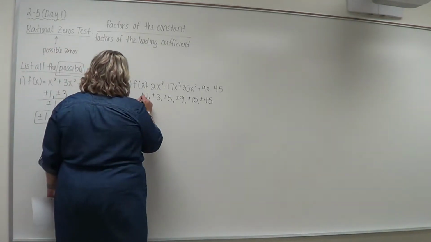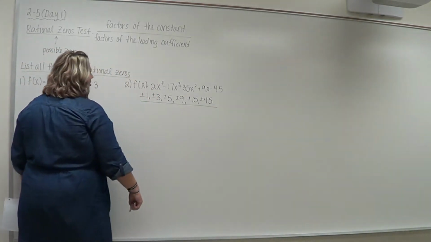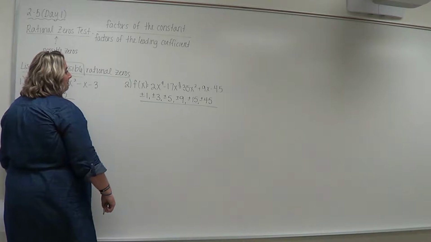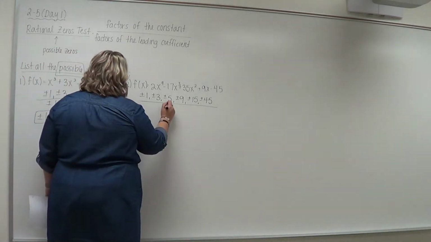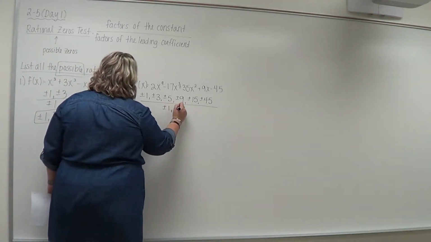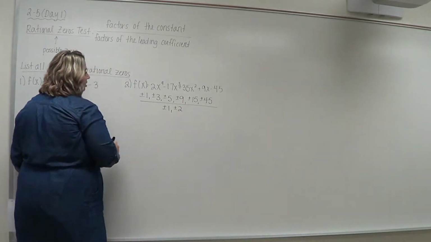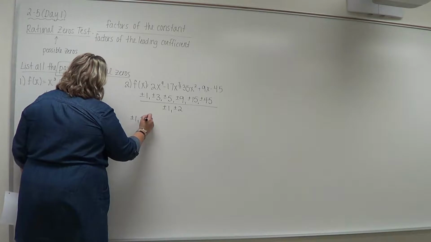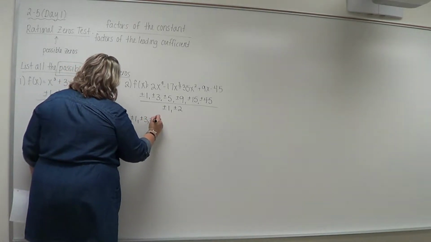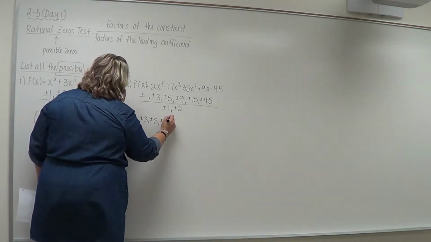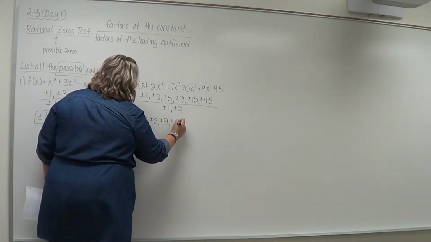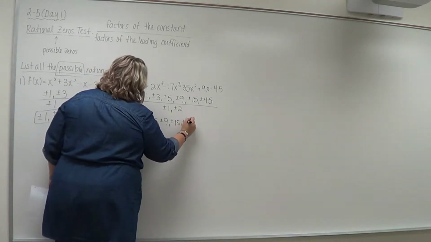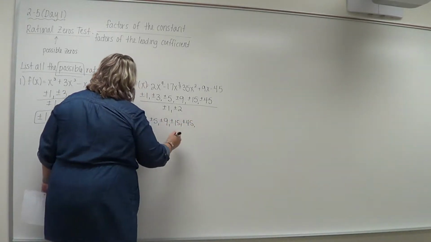Now I'm going to divide. What are my factors of the leading coefficient? 2 and 1. So I'm going to divide all those numbers by 1 and all those numbers by 2. When I divide them by 1, I get the same numbers: plus or minus 1, 3, 5, 9, 15, and 45.